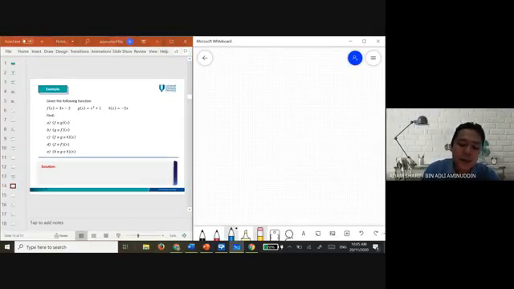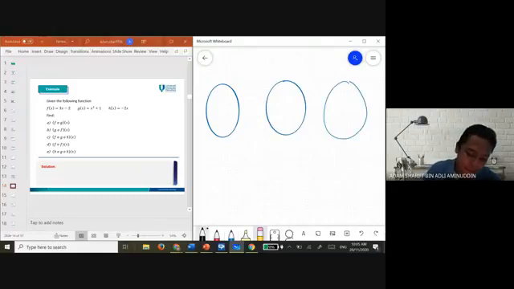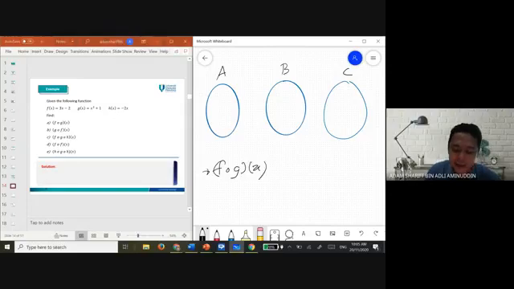Sekarang ni kita ada dua function. We have three sets, namely A, B, and C. I would like to represent to you guys what is F composite GX in terms of the visualization.